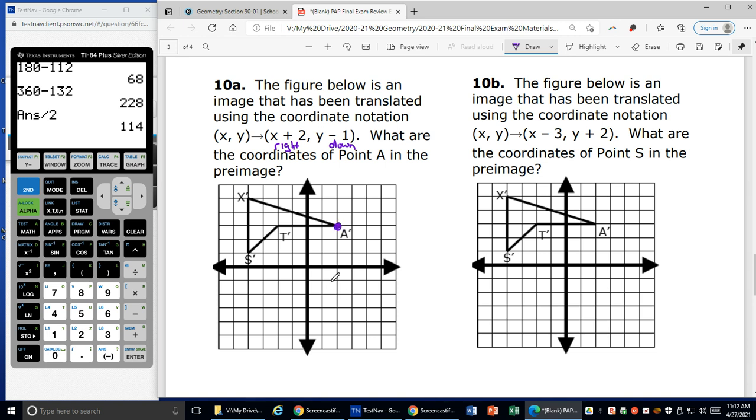So if I want to work backwards, I'm really going to go to the left 2, and instead of down 1, I'm going to go up 1. So really, A would have been here, so that I'm going to the right 2 and down 1 to get to A prime. So A had to have been at (0, 4).